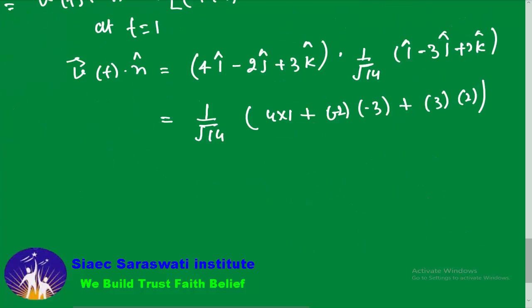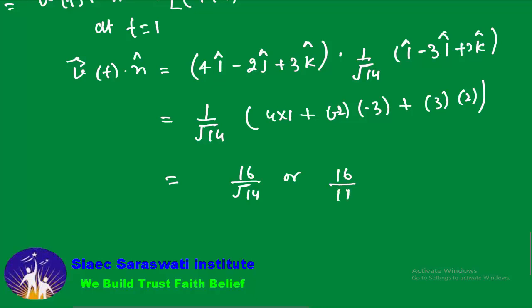So when we solve, it will be 4 plus 6 plus 6, which is 16. So it will be 16 divided by root 14, or if you solve further, 16 divided by 14 times root 14.